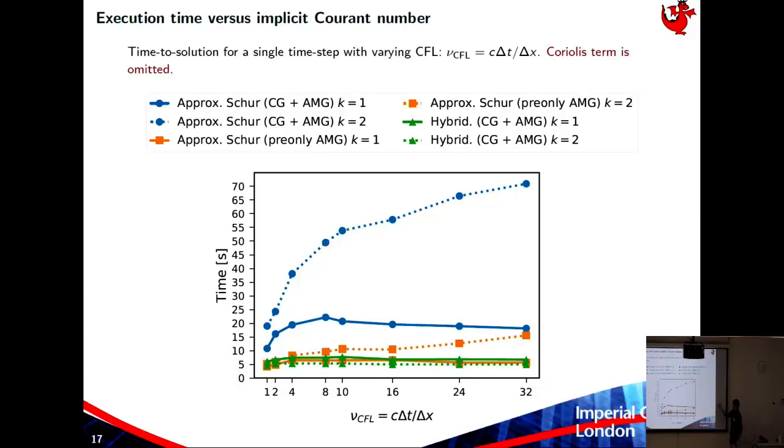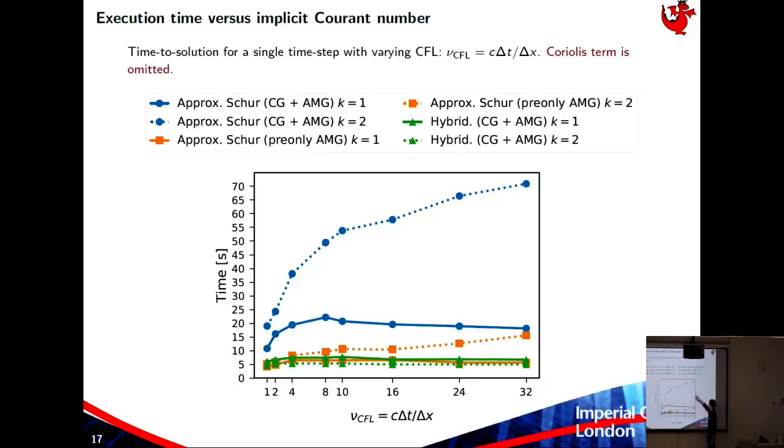Hybridization, the green one, I was very happy with that. Still am. It seems to be pretty robust, even when I'm pushing well beyond the critical Courant range, so up to 32. If I push it further, 64, 128, you eventually get garbage. It just becomes too difficult to solve. But I think that's a pretty good range.